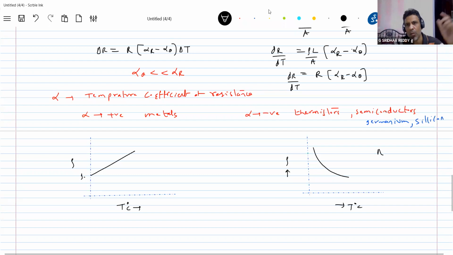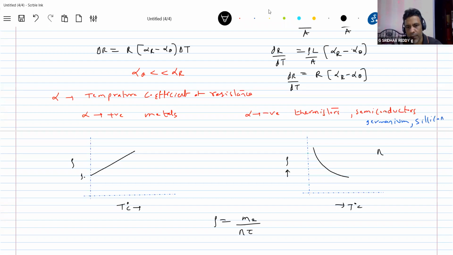Can you remember rho equals m by n e squared tau? I'm just analyzing all the concepts we discussed with the help of this. In case of metals, the effect of eta is almost negligible. Tau decreases, that's why rho increases.